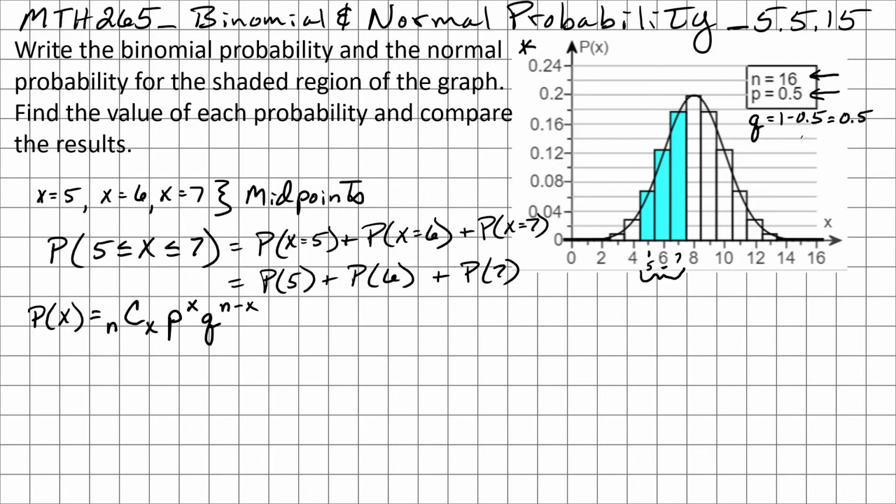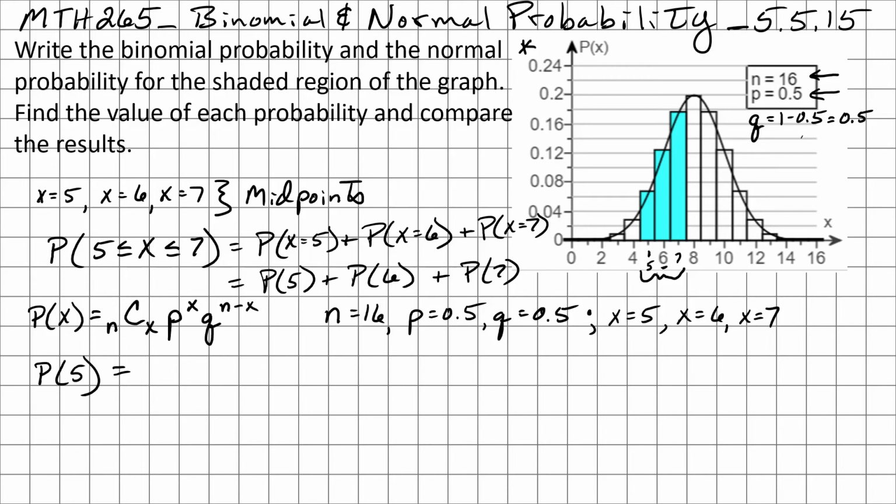So down here for my P of 5, remembering that we're going to use n equal to 16, p equal to 0.5, q equal to 0.5, and then x equal to 5, 6, and then 7. I know that I'm repeating myself, but I want to impress upon you how important understanding where these numbers come from is.